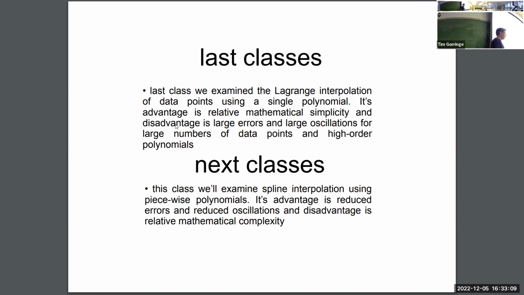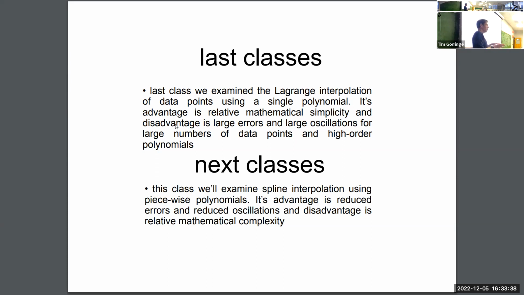So maybe an example would help. Supposing you had some data set containing 100 data points. In the Lagrange interpolation, we would need a polynomial of that order to interpolate those 100 data points. So it'd be one huge polynomial.